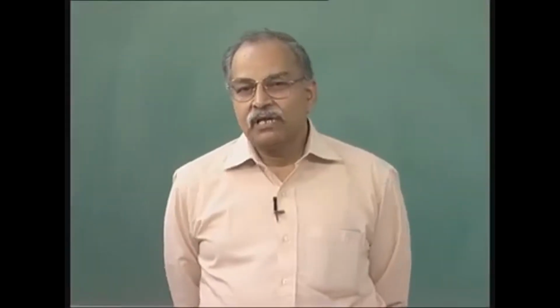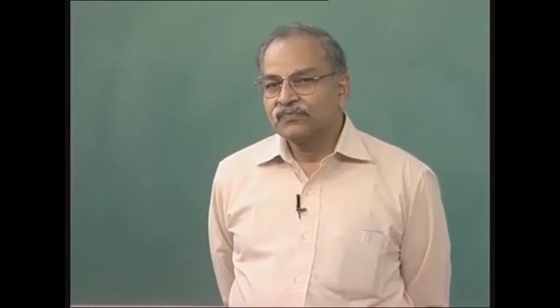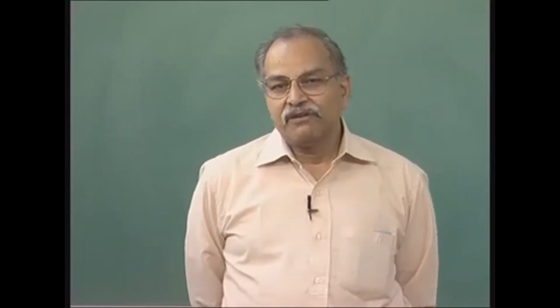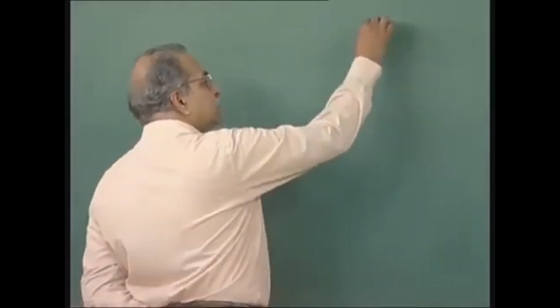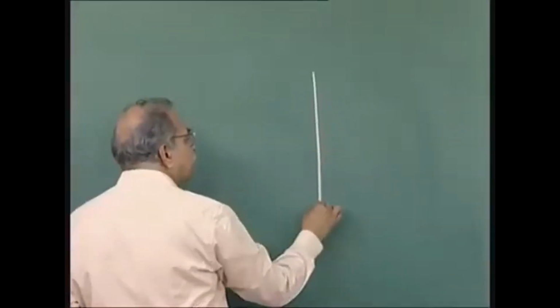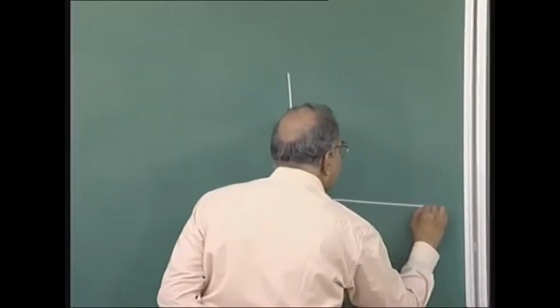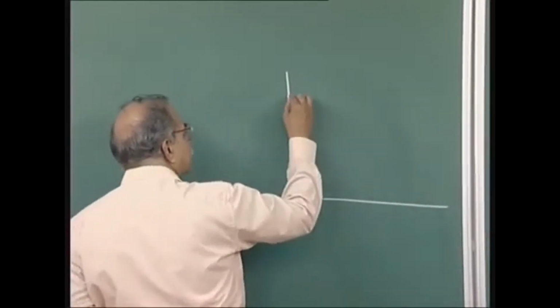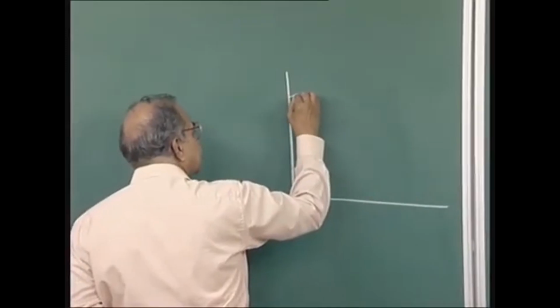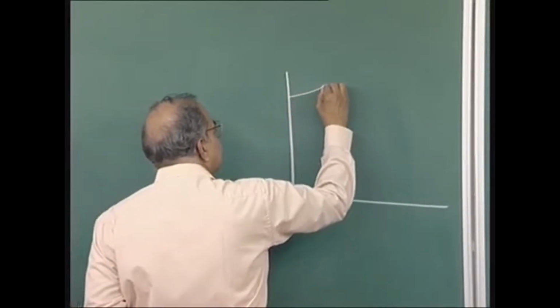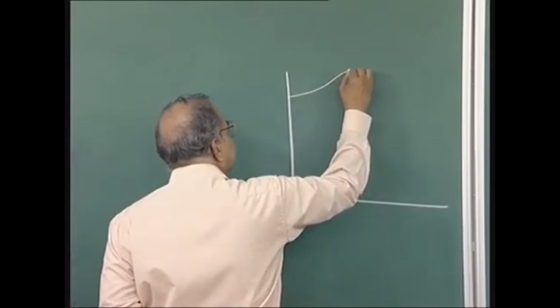All nuclei with mass number greater than 100 or so energetically favor splitting into roughly equal parts, but then the potential energy barrier that is there stops many of them from fissioning. So, that barrier, or the potential energy curve, is something of this sort.